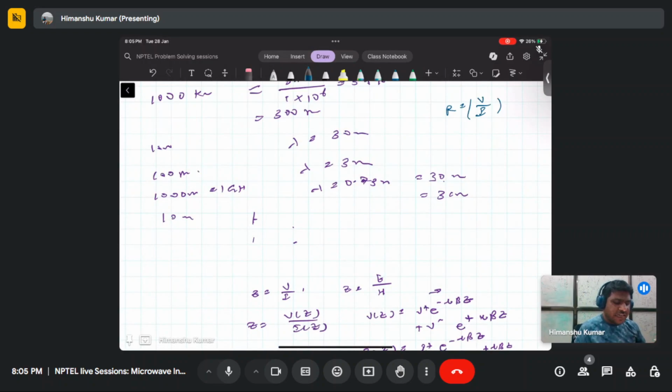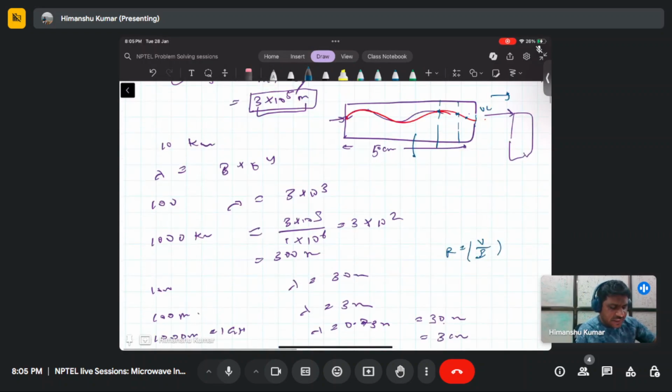Let's say this is the line, and you can model the resistance just by a point, so you don't need to consider the spatial variation of the voltage and current. But as the frequency goes higher, you need to consider it, especially in two-wire lines.